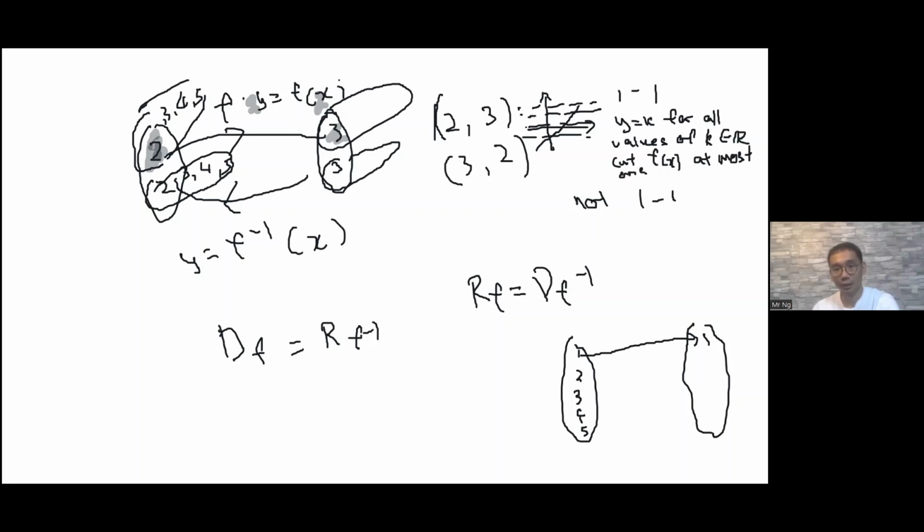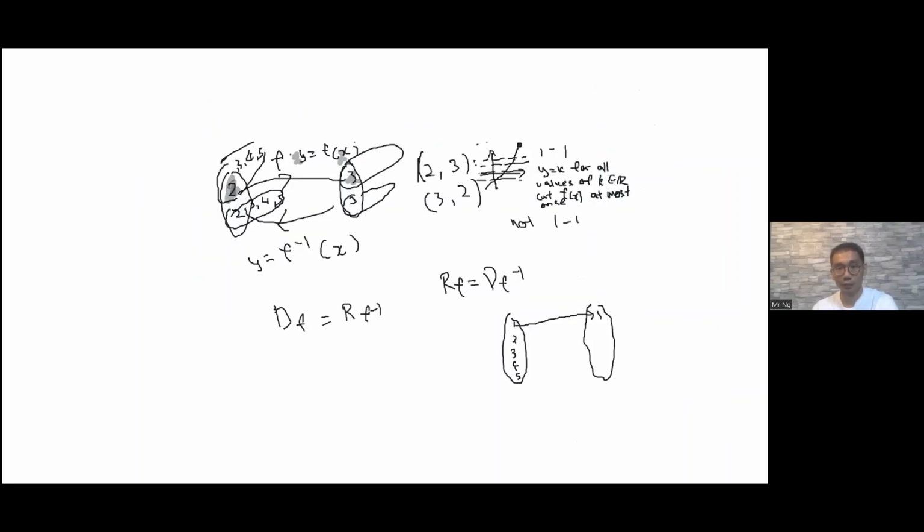That means your f(x) curve can stop here, and this is still a one-to-one function, because it never cuts beyond that. But it's still at most once. So this captures all the horizontal lines, that concept.